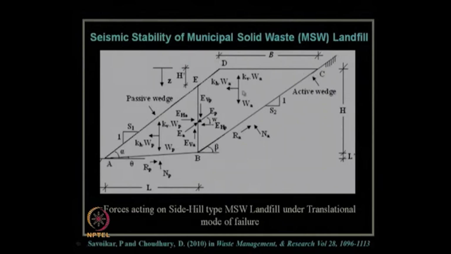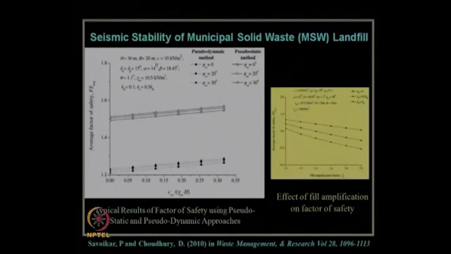So, by considering two zones, that is active wedge zone and passive wedge zone, involving all the forces which are present in this zone, then limit equilibrium of all these forces is considered to carry out the stability analysis, and finally, the average factor of safety has been reported, considering also the cohesion component of municipal solid waste material as well as the cohesion of the soil.